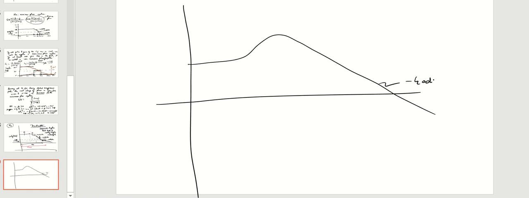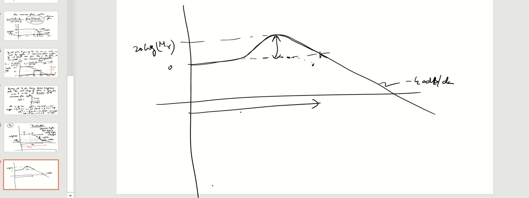This is minus 40 dB per decade, this is the 0 dB line, and this is the M_R, 20 log M_R. I have expanded this significantly, but somewhere over here, probably this is omega n for the second order response.